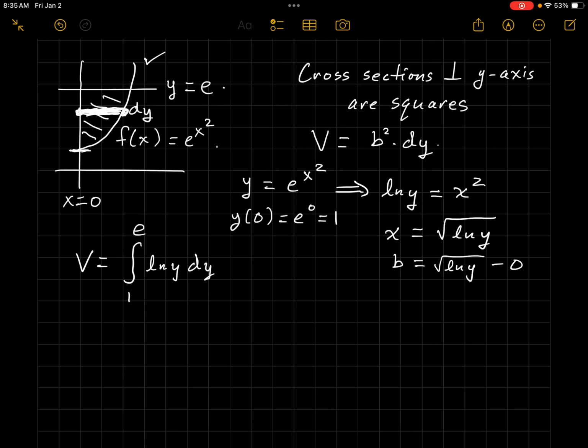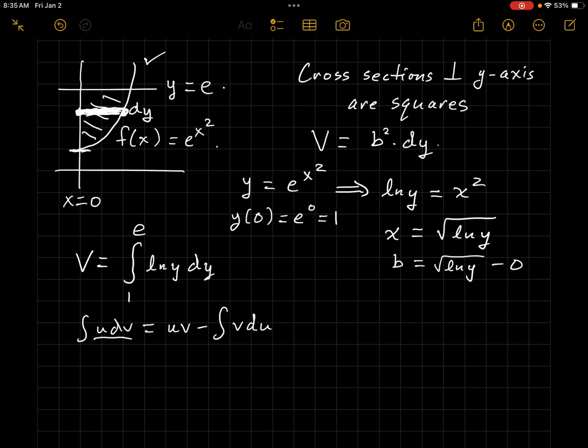So if you have not learned integration by parts, this is about as far as you could go, or you could use a calculator to get an answer. But we will use integration by parts to solve this one. So integration by parts is when we have the integral of u dv equals uv minus the integral of v du, where we know u and dv, or more specifically, we can choose something to be u, and then everything left over will be dv.